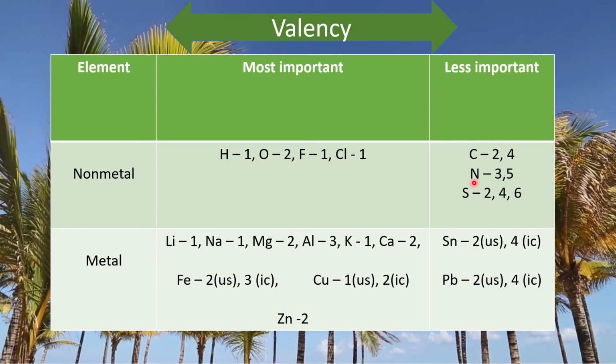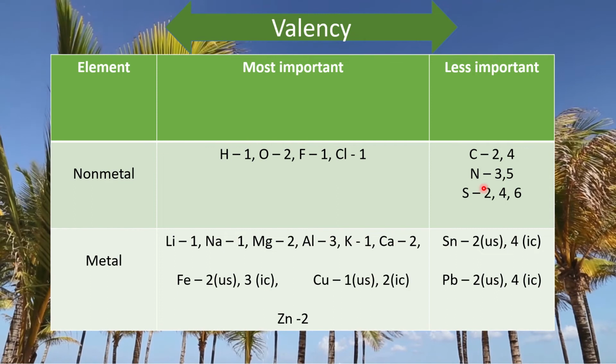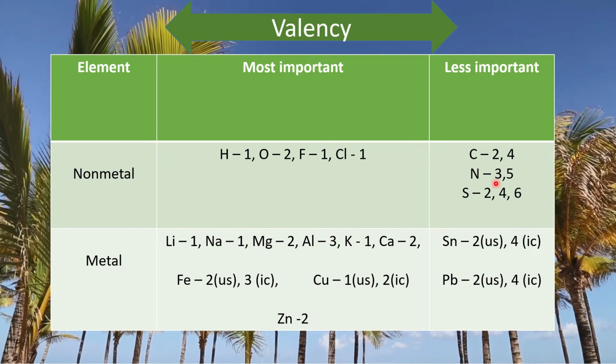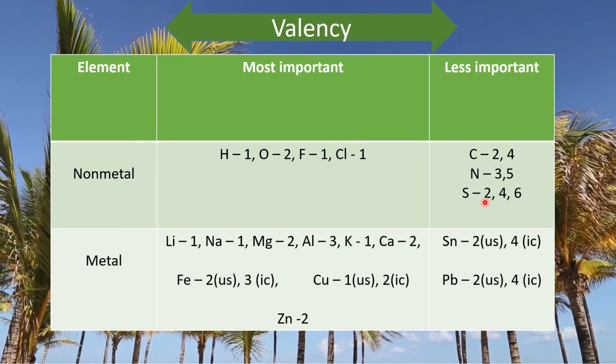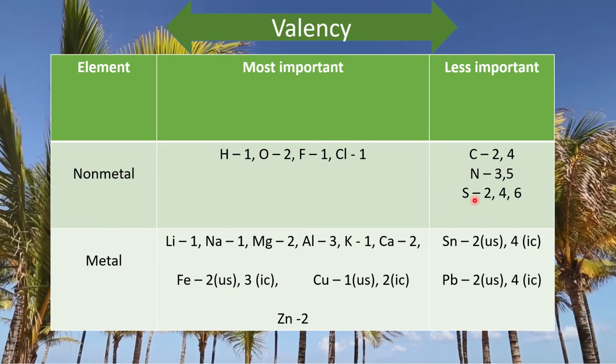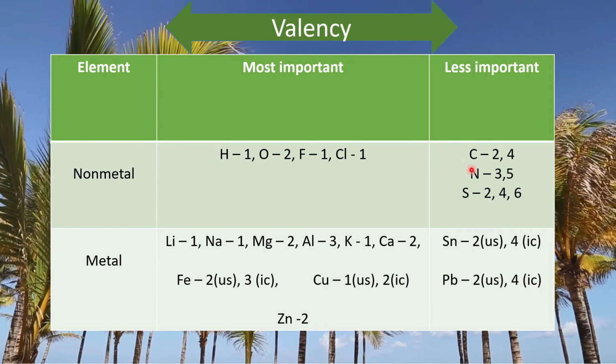And these are less important non-metals, but sometimes you will use them. This is carbon, there are 2 valencies, 2 and 4, nitrogen 3 and 5, sulfur 2, 4 and 6. Look, when these non-metals are directly used in a compound, but not as a radical.